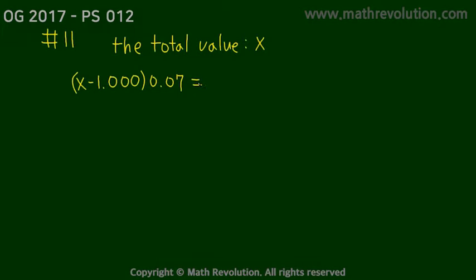So the total value of the item, let's call this X, and X minus 1,000, which is the portion that was imposed with the import tax, multiplied by 7%, and this equals 87.50.